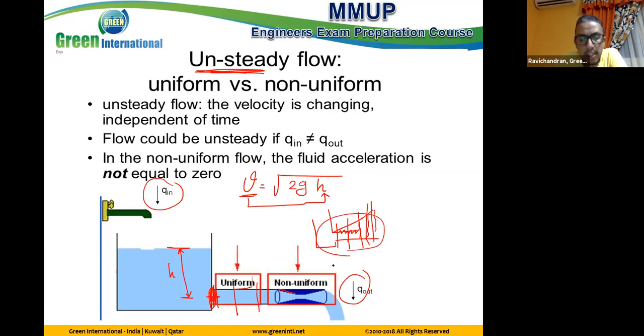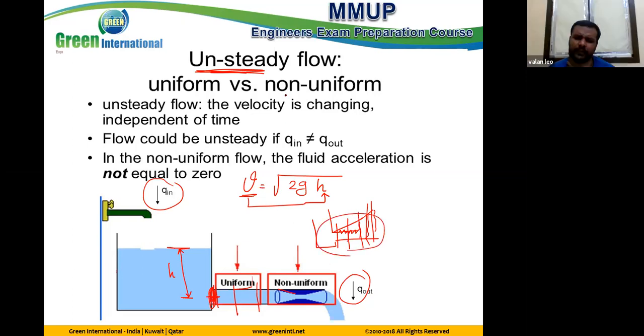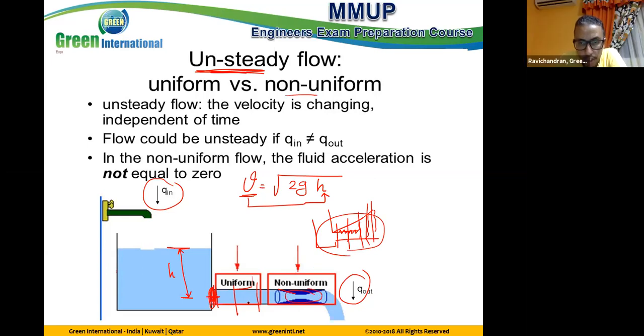So in this case it is non-uniform, but in this case it is uniform. A change in diameter means non-uniform. Clear? So from the figure we can directly imagine and know whether the flow is uniform or non-uniform. In the special case like this, we can also understand the flow is unsteady. Clear?